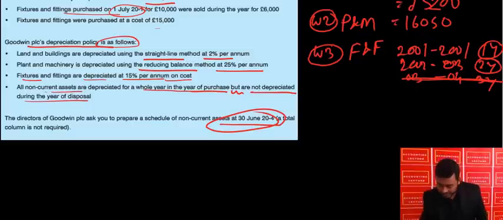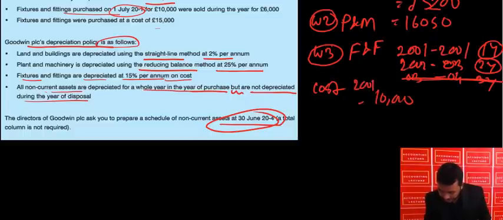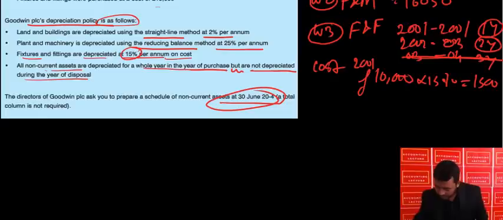What we are calculating is we bought an asset in 2001, and at that time it cost 10,000, and they said charge 15% on it. Charge 15%, you get 1,500, and again 1 to 2, 2 to 3.